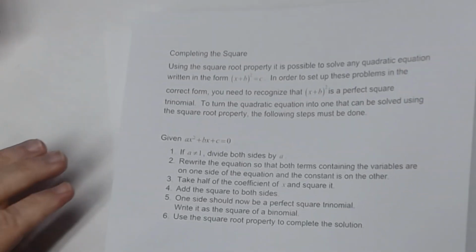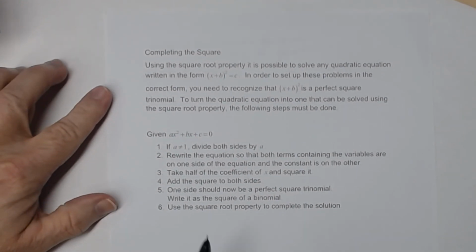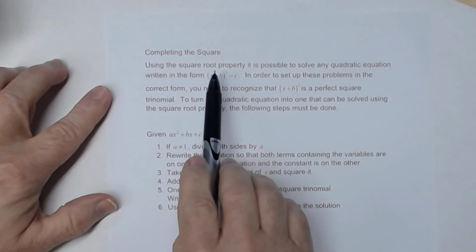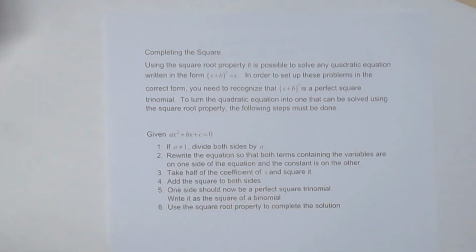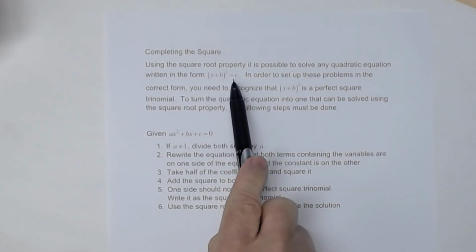So one of the resources that you're going to need is this resource, completing the square. It says that using the square root property, which you've learned previously, it is possible to solve any quadratic equation that's written in the form (x + b)² = c.